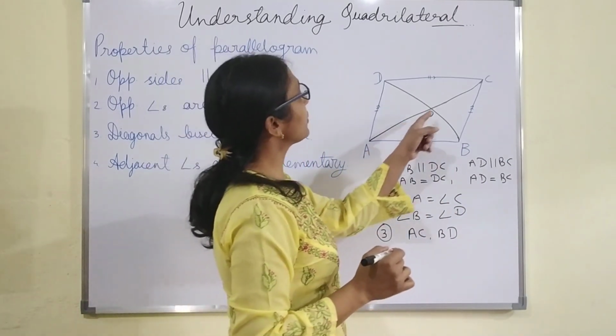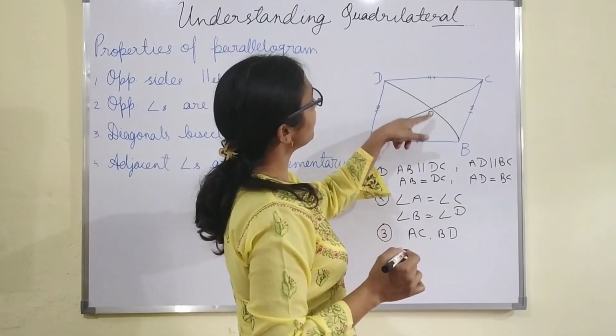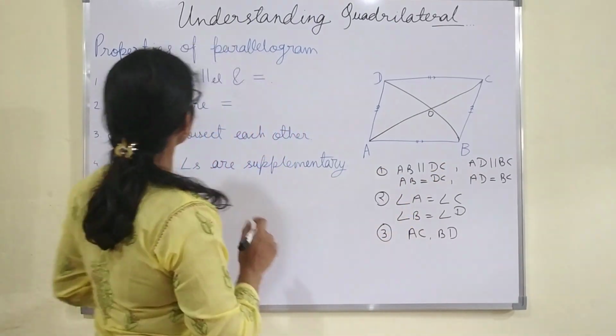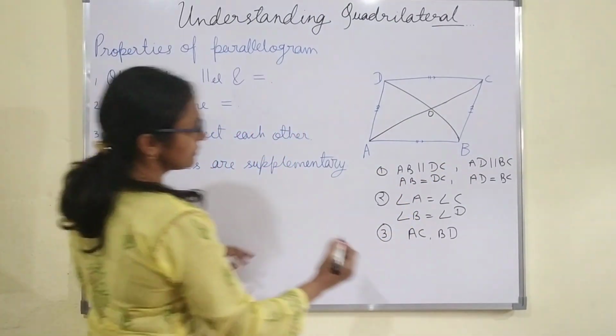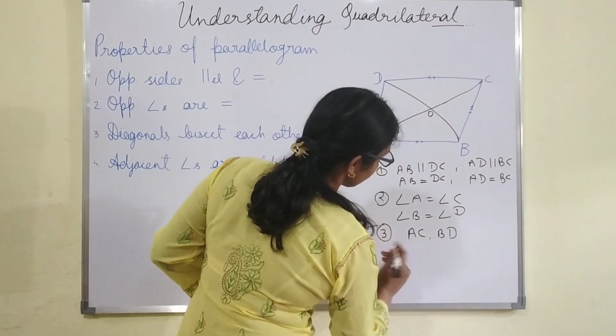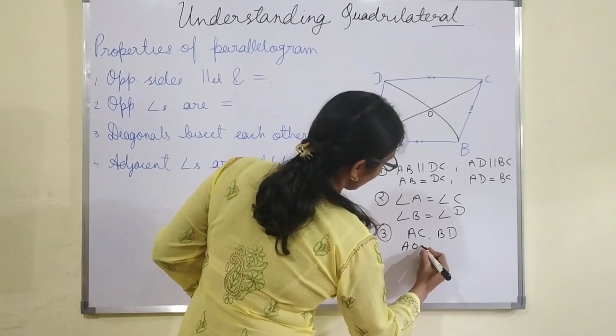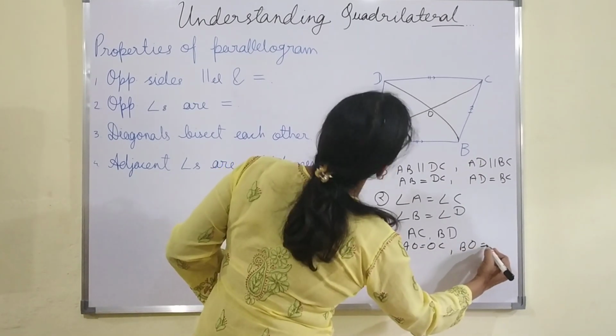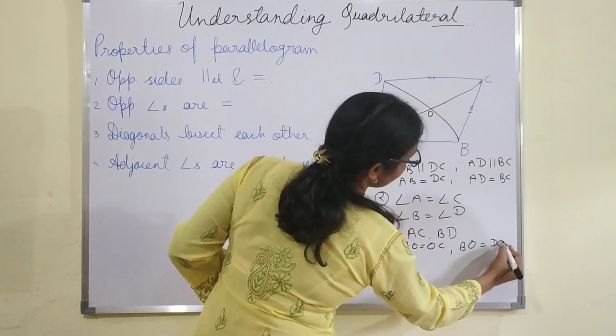Means AO equals OC and DO equals OB. Okay? And I am writing AO equals OC and BO equals DO.